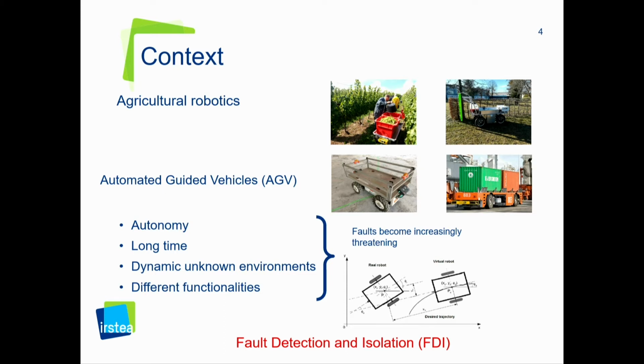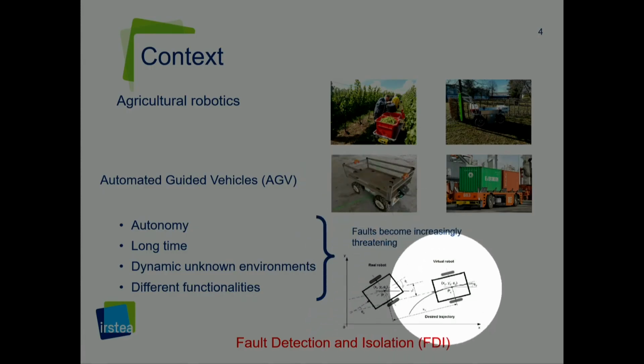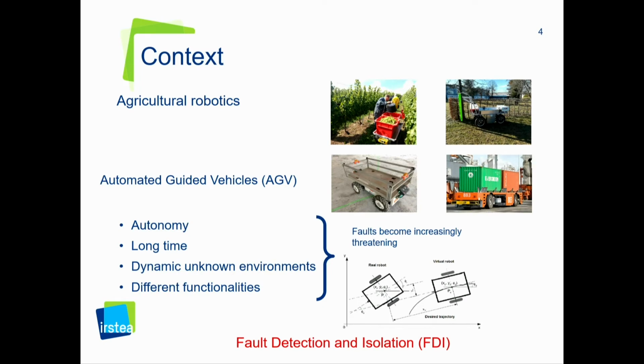So this is a small example here. I have a desired trajectory. Somehow, and for some reasons, my robot failed to follow the desired trajectory. It is in this position here, but it is meant to be in this position. Fault detection consists of saying, wait a minute, something went wrong.